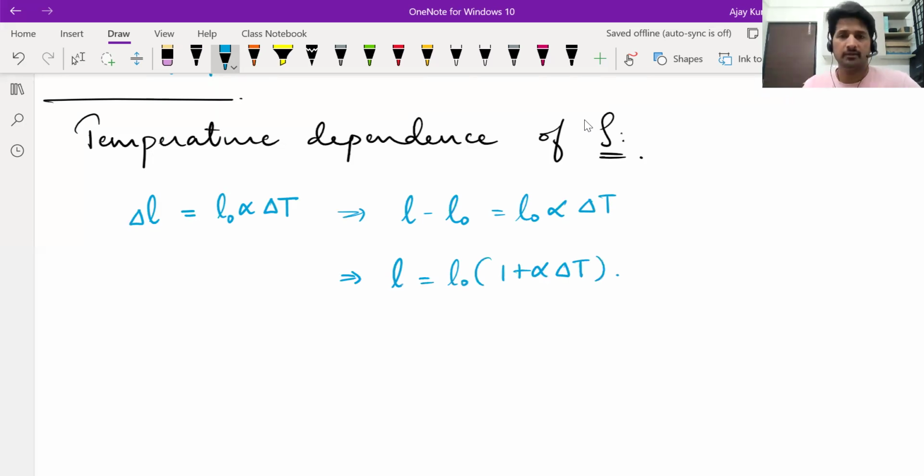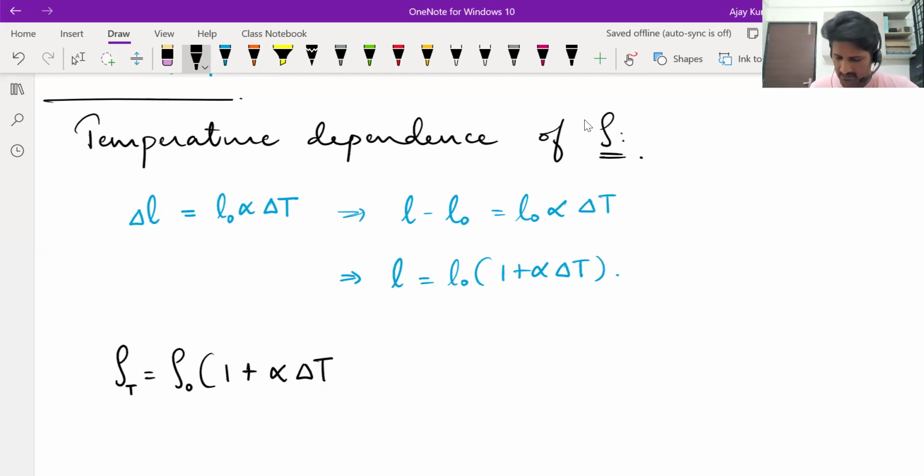We have a very similar equation for resistivity in terms of temperature. In fact, it's the same equation. In place of length, you write resistivity. So rho is equal to rho naught into 1 plus alpha delta T, where rho is the resistivity at a temperature T and rho naught is the resistivity at some earlier temperature.